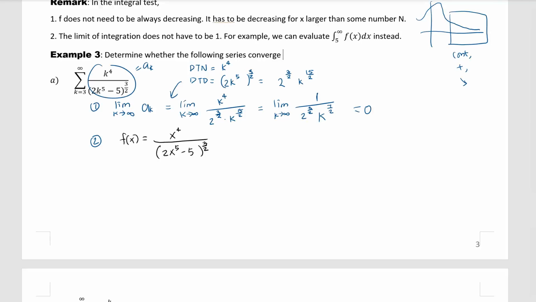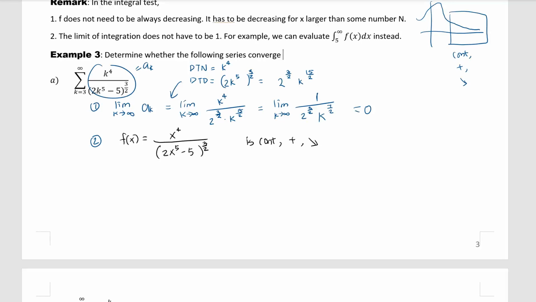And you can see the function is continuous, positive, and decreasing. In the exam, whenever you use the integral test, you have to make sure you verify the hypothesis. The hypothesis requires f to be continuous, positive, and decreasing.